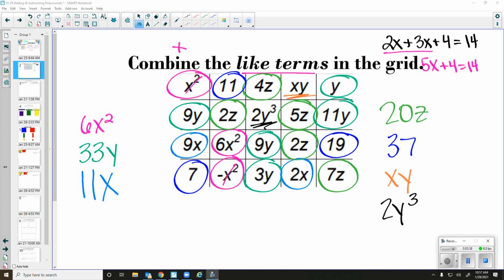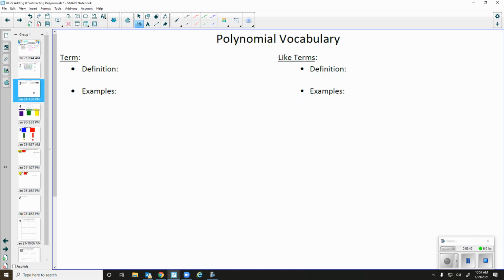Before we get to what a polynomial is, we've got some vocabulary words. We have terms, we have like terms. We're going to add in 2 other vocabulary words. This is on the paper that has the little mapping thing, the little ovals at the top of that page. Okay, so term.